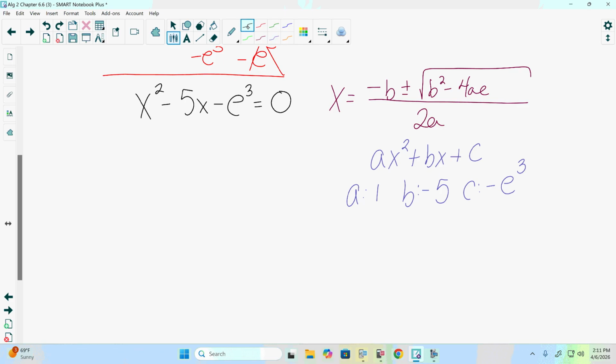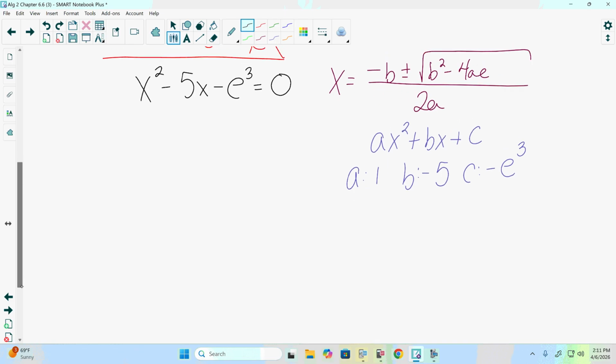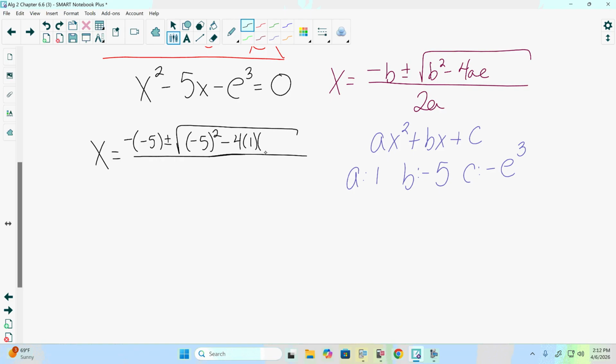So if we plug this into the quadratic formula, the first thing we'd start off with is negative b. Well, that'd be negative 5, plus or minus the square root of b squared, negative 5 squared, minus 4 times a, so we have negative 4 times 1 times c, and c is negative e to the third, all over 2 times a.